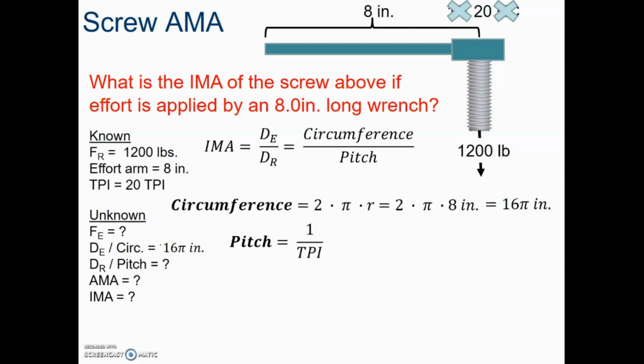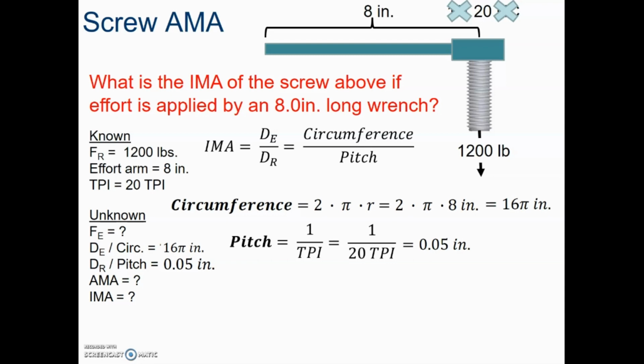So 1 inch divided by our threads per inch will give us the size of the pitch, or the distance between those threads. So I'm going to plug in my TPI, 20 TPI, and if I calculate all that out, I've got 0.05 inches is the space between each of my threads. And just like we did before, let's update that into our unknowns list.